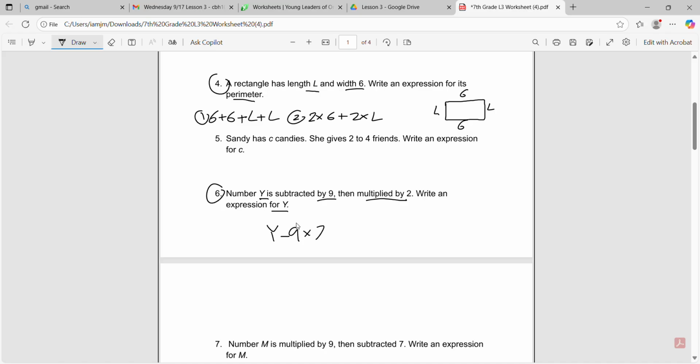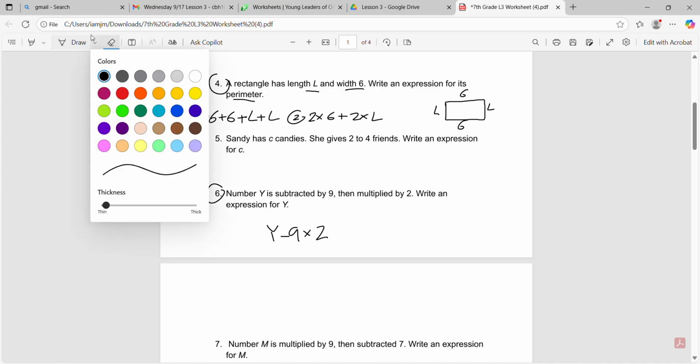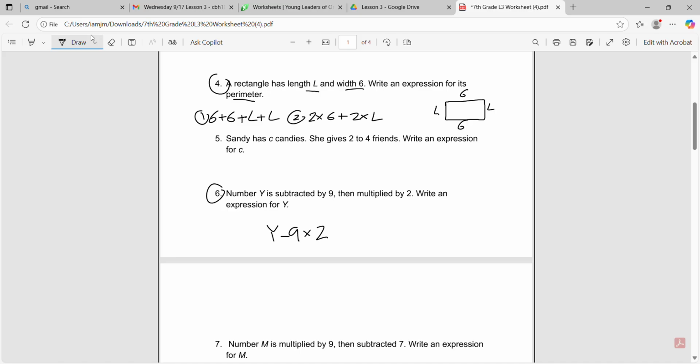By 9 multiplied by 2. This is wrong, actually. The reason why this is wrong is because you gotta be focused about what the question is asking for. So it's asking number y is subtracted by 9, comma.